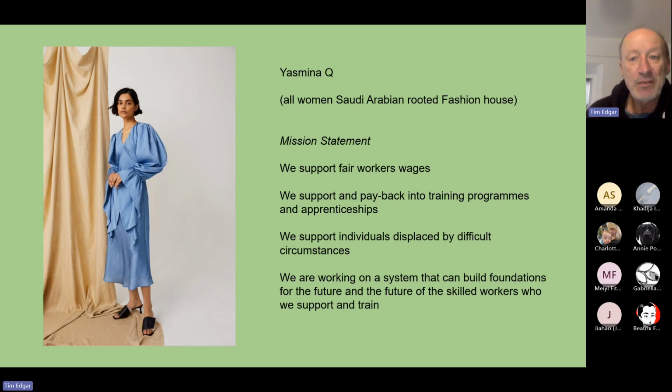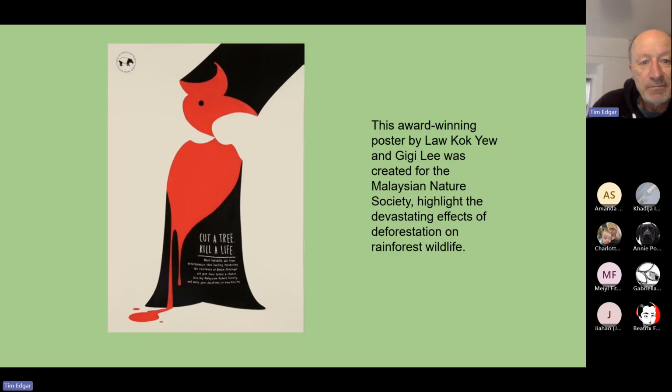So very much about the people, the community of workers, the community of the business, rather than the main thing being to make lots and lots of money, or to be incredibly famous or well known. Yeah, so that's how the design systems can tap into being sustainable, environmentally friendly.